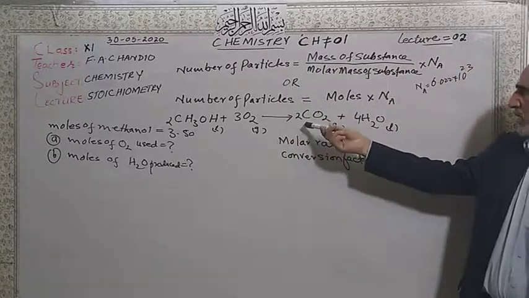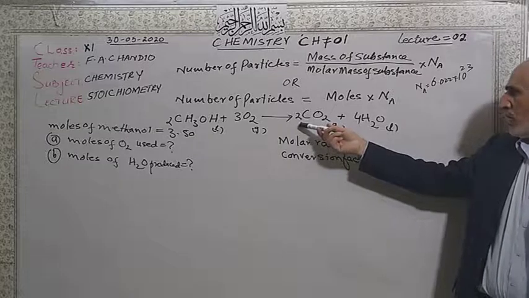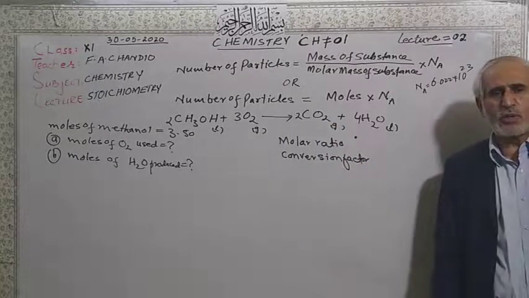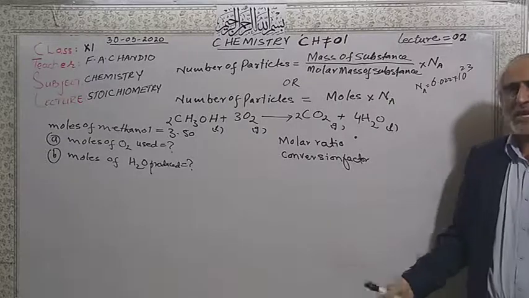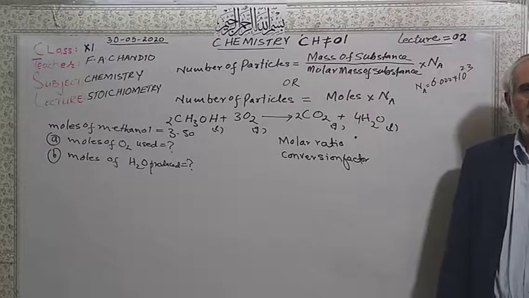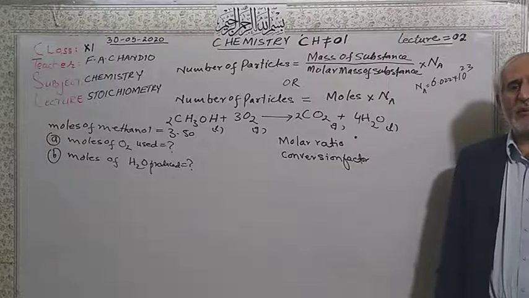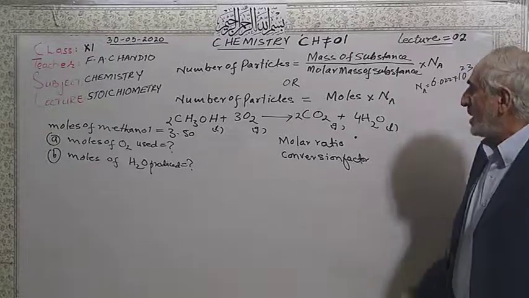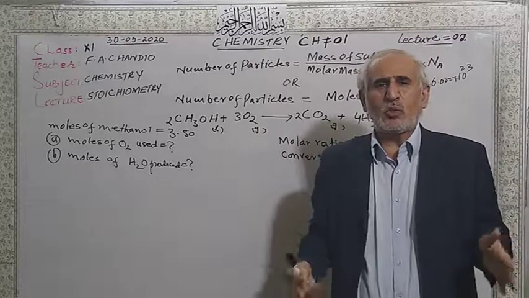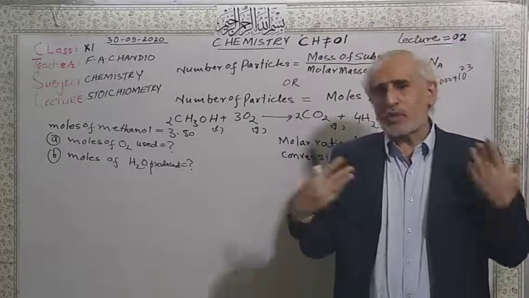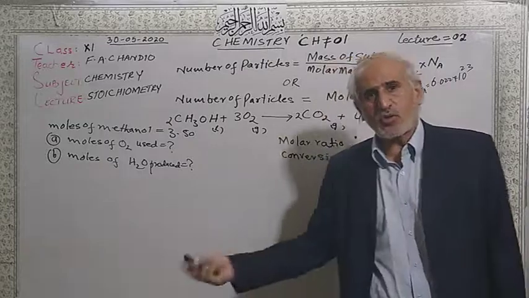Or maybe he asks to calculate the number of moles of carbon dioxide gas produced. Maybe he asks you the mass of carbon dioxide gas, mass of water. So these questions may be asked by the examiner. I will explain to you. From this stoichiometric equation, you are supposed to solve these questions.